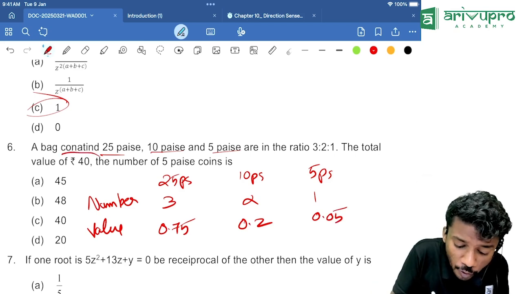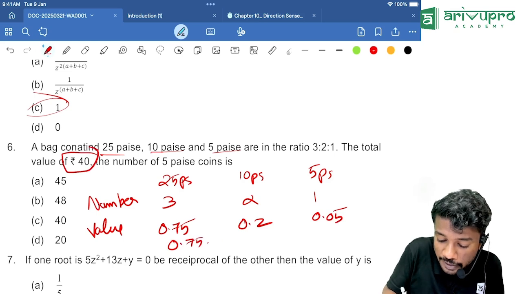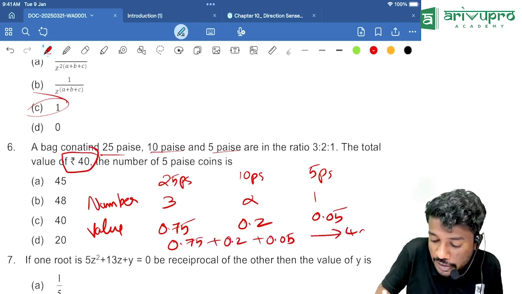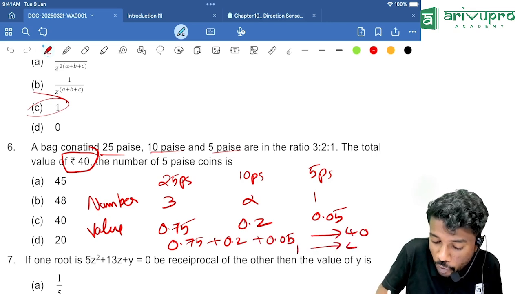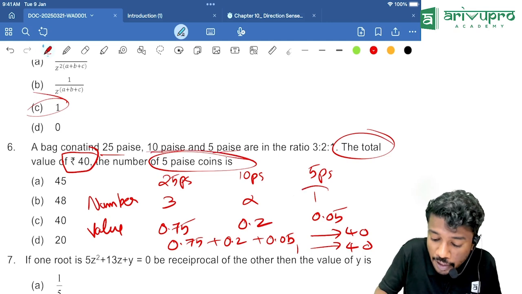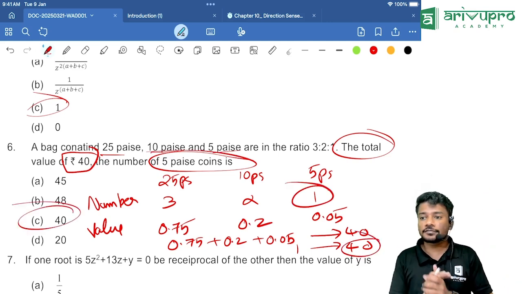According to the question, the total value is 40. So 1 is 40. They are asking the total number of 5 paise coins. So 1 is 40. Answer is 40. Direct.